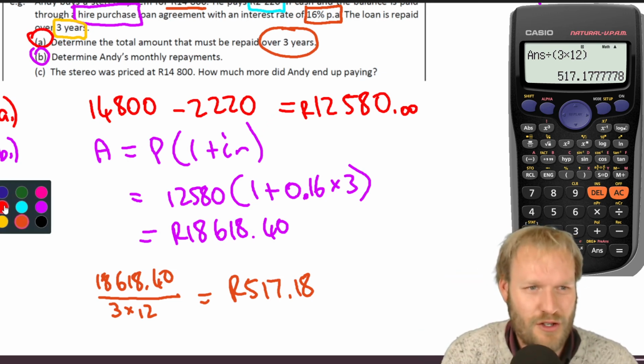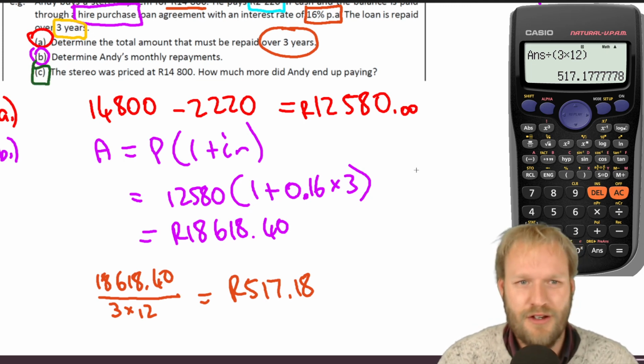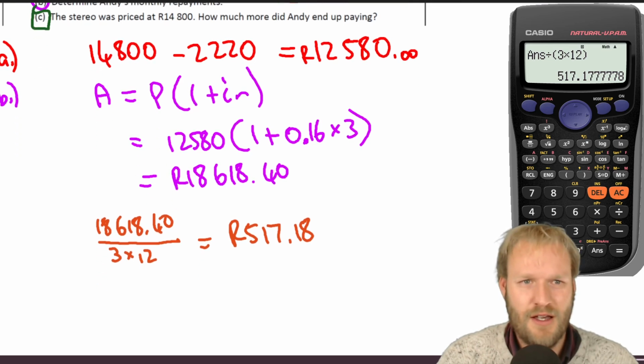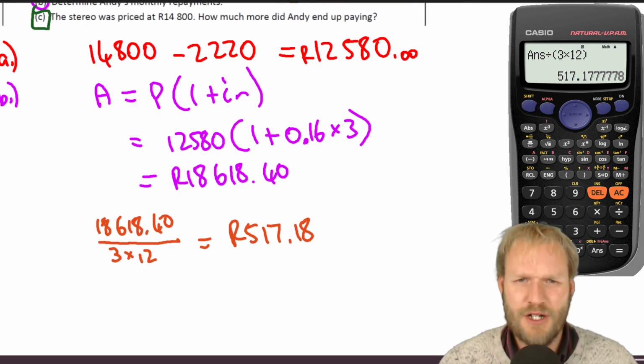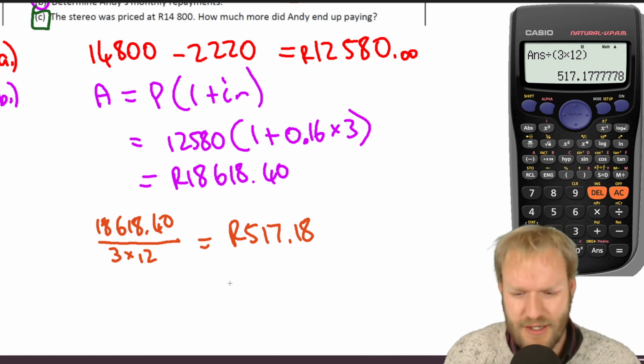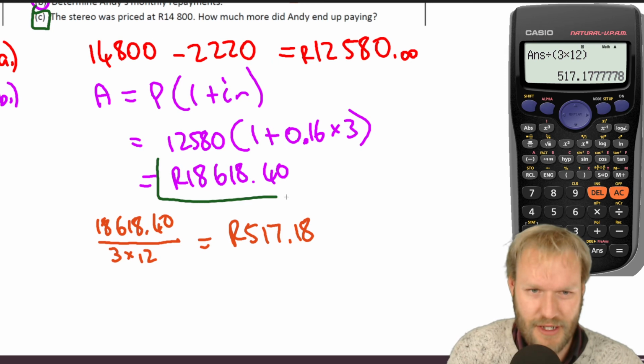Okay, and last question. Let's go. Okay, so the stereo was priced at 14,800 Rand. So how much more did Andy end up paying? Okay, so what do you get and how do you get there? Well, Andy spent this amount, right?